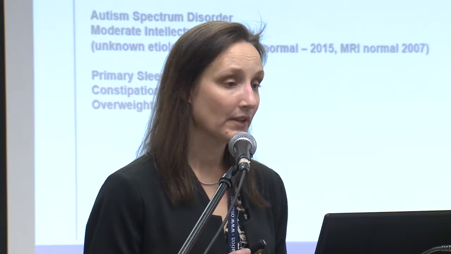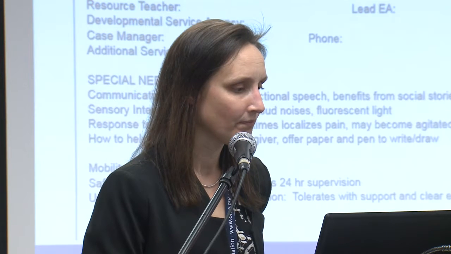She has had a microarray done in the last year, and it was normal due to the presence of regression in the history, as well as comorbidity of intellectual disability. She had an MRI done of the brain in 2007, which was normal. And we've added additional diagnoses of sleep disorder, which we found out from the mother, constipation, and she is overweight with a BMI actually in the obese range.